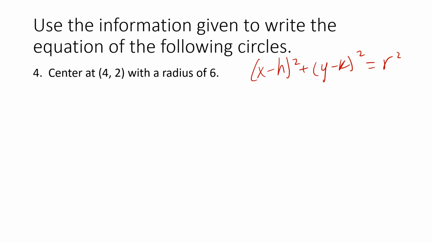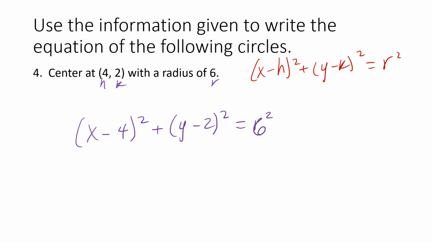Our first formula, we know that the center is at 4, 2 and the radius is 6. I have my h, my k, and my r, so I'm just going to plug it in. So we have x minus 4 squared plus y minus 2 squared equals r squared, which is 6 squared, which equals 36.